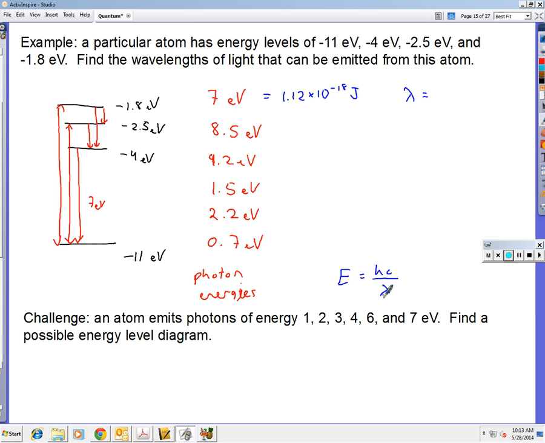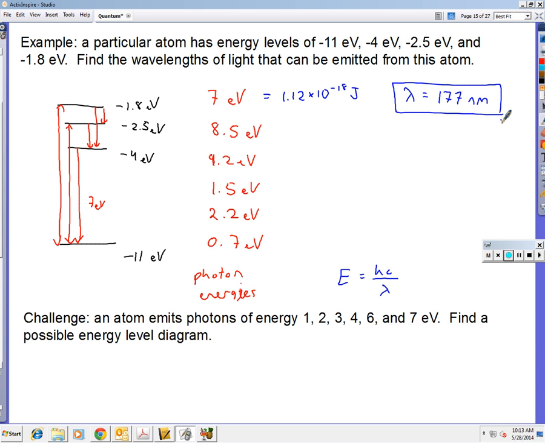So solving for lambda gives us a wavelength of 177 nanometers, which is ultraviolet.